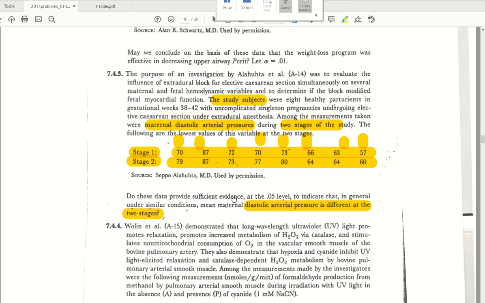And we do not have evidence to support that there is a difference in the diastolic arterial pressure for these women because we failed to reject. So the way we're going to formulate our research conclusion is to say that there's no evidence to support that the diastolic arterial pressure at these two stages is different, and that's the end of our analysis.